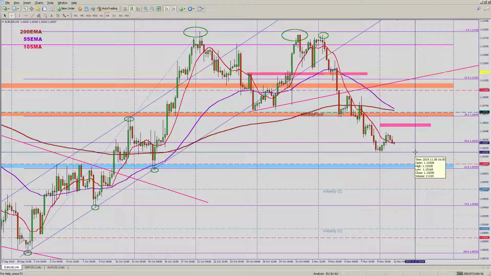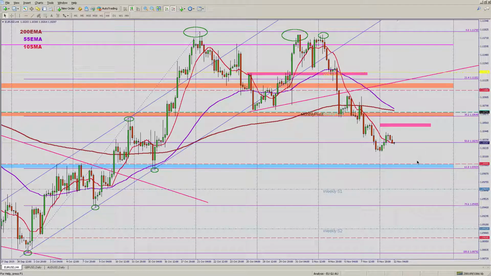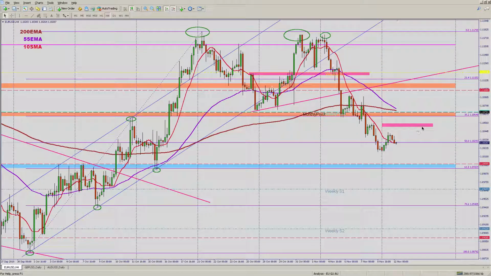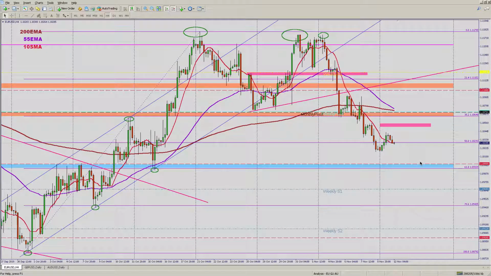So it's not too far from the 110 support zone. So I would think that this could be a potential sell zone if it does pull back into this area, and watch out for bearish trigger signals to take a shot down to the next key support zone.